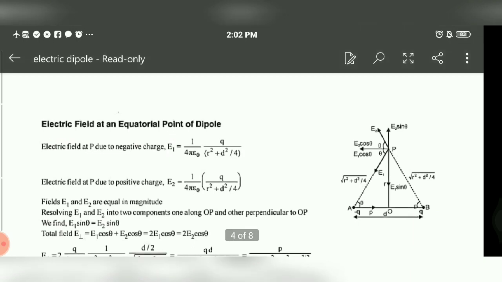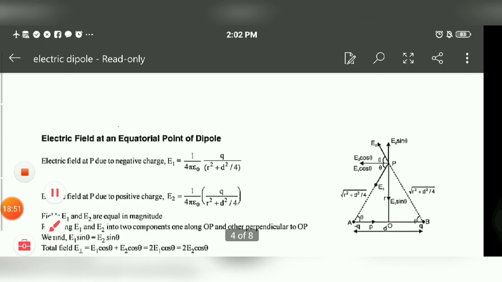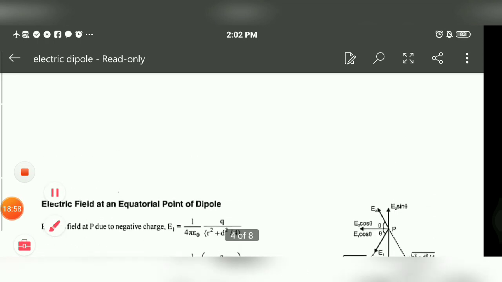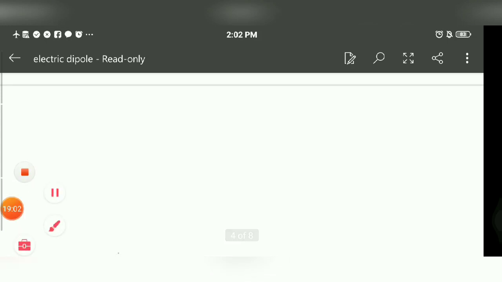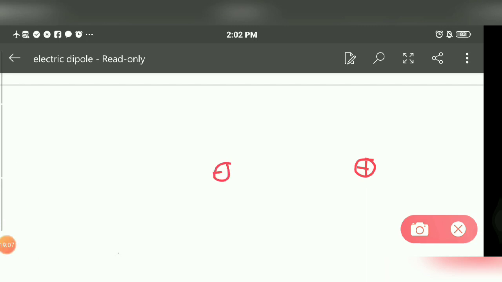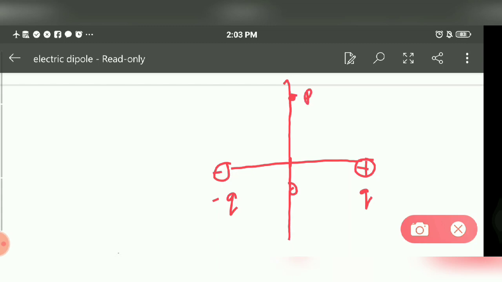So this is positive, negative, charge q, minus q, center point, line passing through the center, that is equatorial. So this is the point where we have to find electric field.